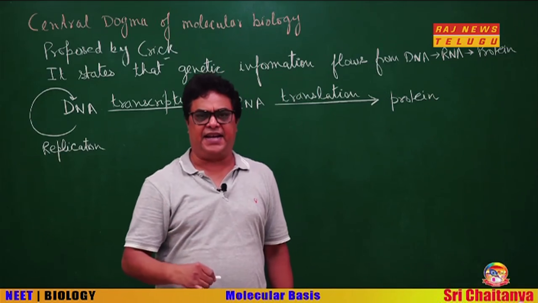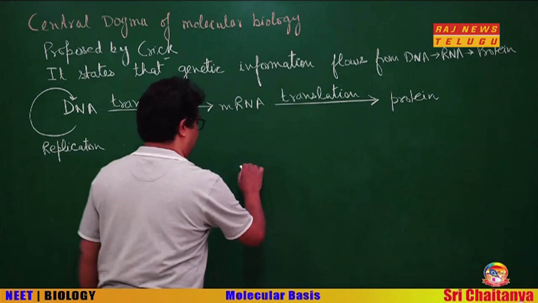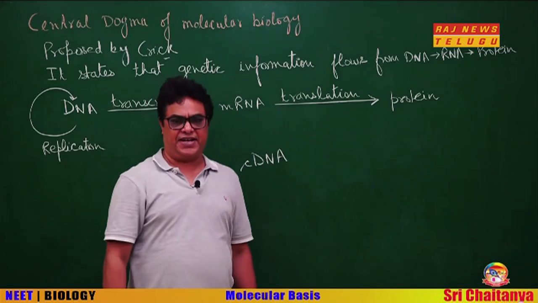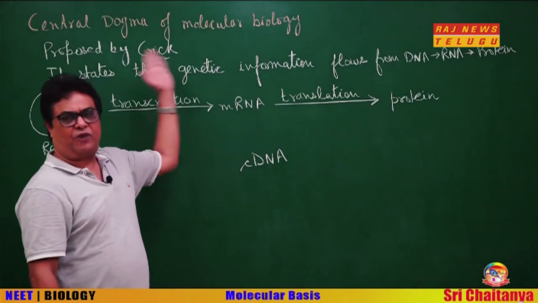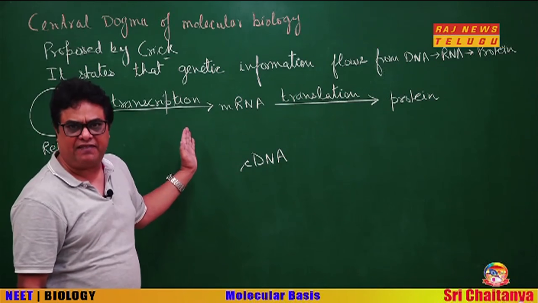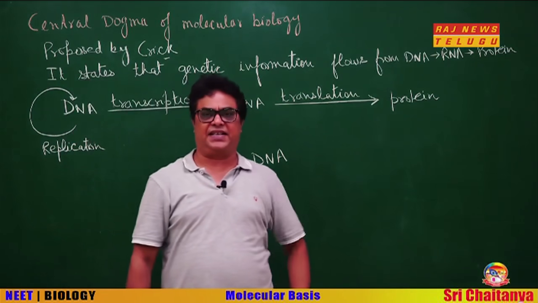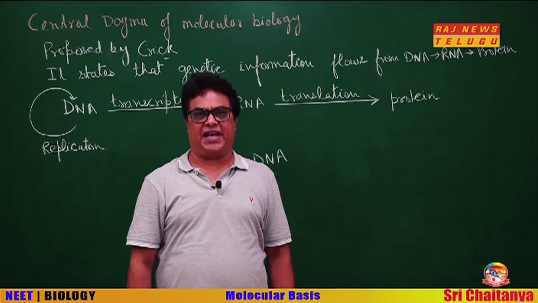The resultant DNA that is formed by the reverse transcription was called cDNA, means complementary DNA. So, this is an exceptional case where a reverse flow of information takes place in certain viruses, that is from RNA to DNA, and these viruses are called retroviruses, and a very good example is HIV.